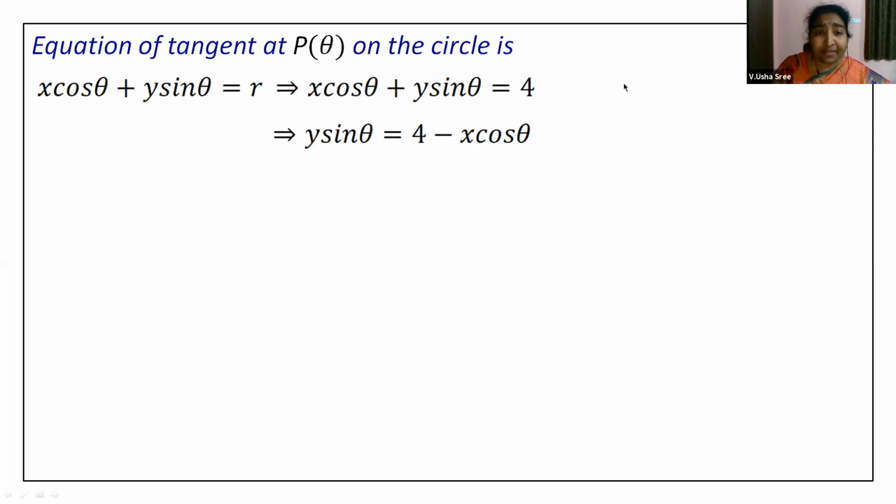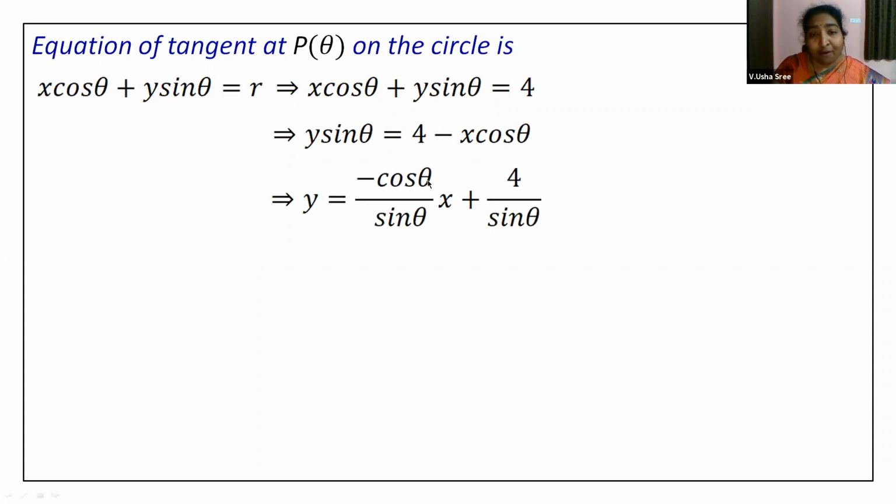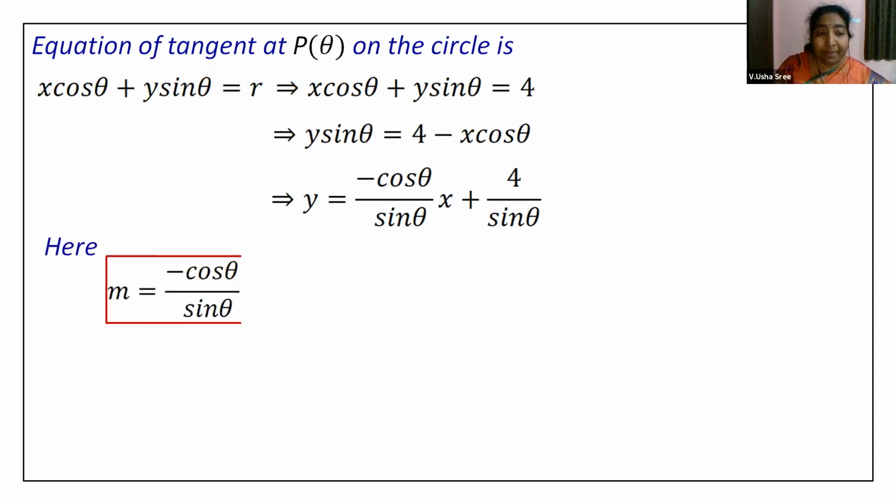We will try to write this in the form of y is equal to mx plus c. When we do so, we will get y is equal to minus cos theta by sin theta into x plus 4 by sin theta. So is it in the form of y is equal to mx plus c? Right? So here, m is nothing but minus cos theta by sin theta, and c is 4 by sin theta.